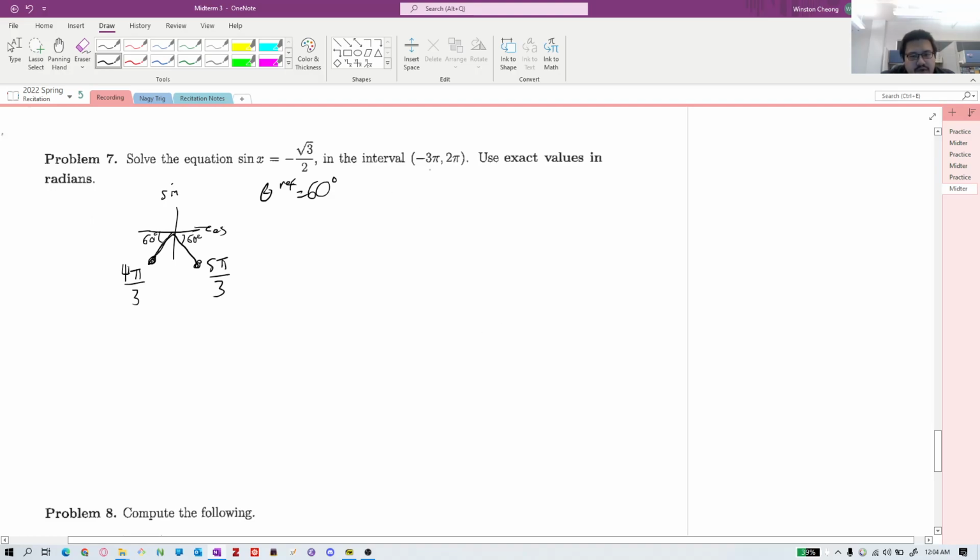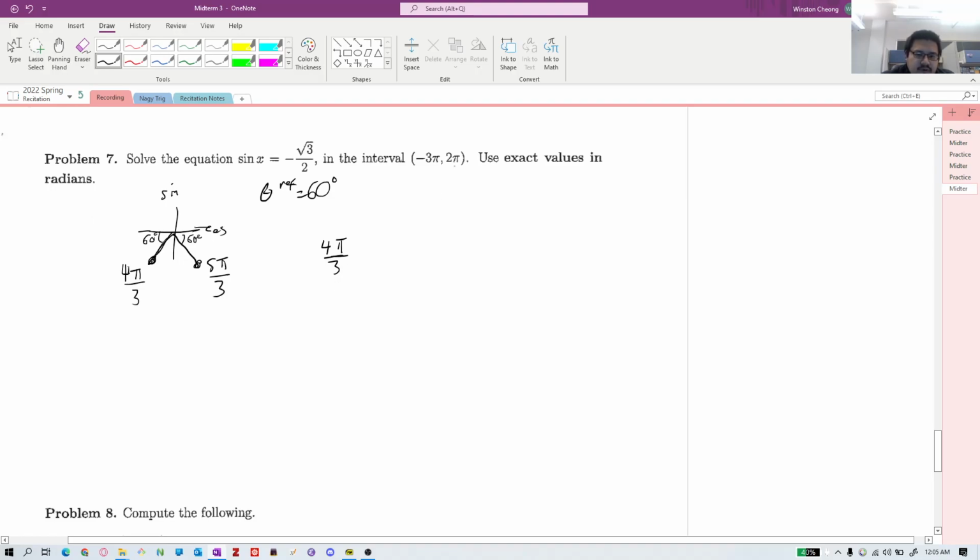But we actually want it over this larger interval. So let's try to now wrap around the unit circle multiple times. In order to do that, what I'm going to want to do is to convert some of the values. So the 2 pi over 3, I want it to have the same denominator as the angle I'm working with.